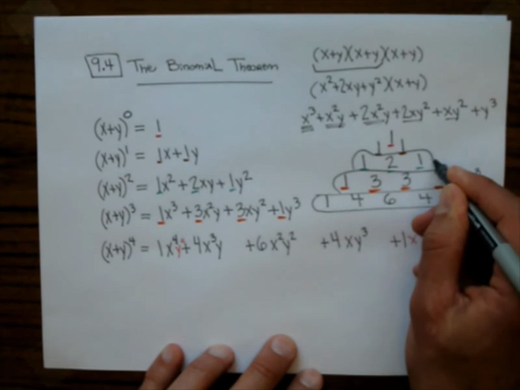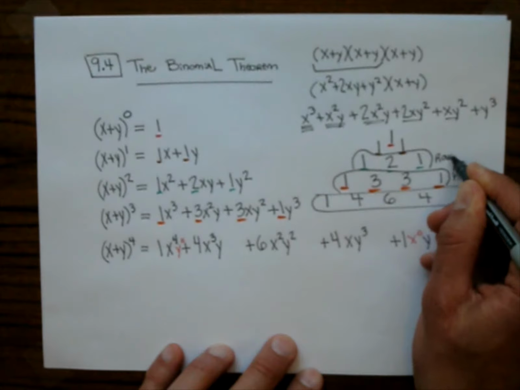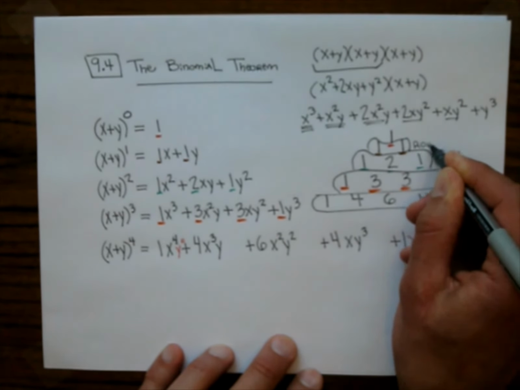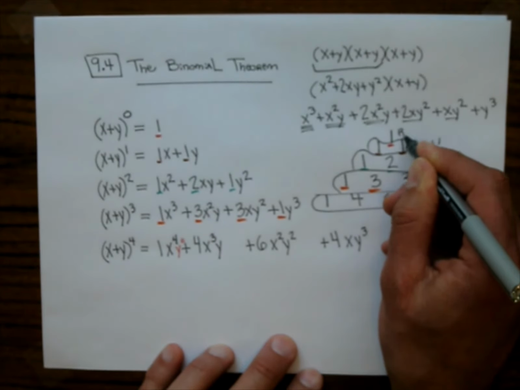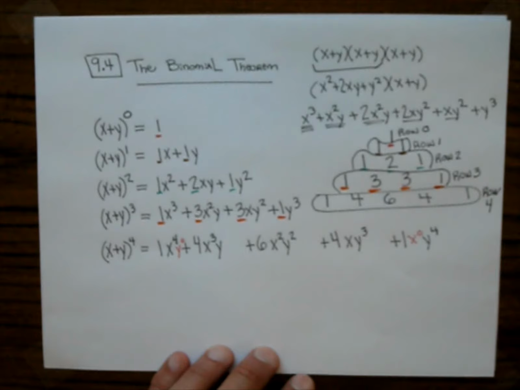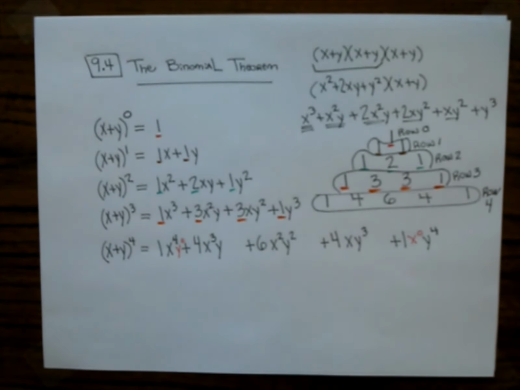This row right here is row 2. This is row 1, and then up here we have row 0. That's just the way they number it. It's actually easier to find things on Pascal's triangle if you use that numbering.